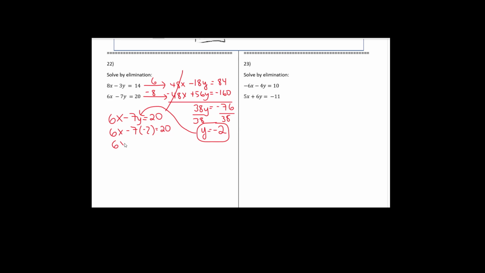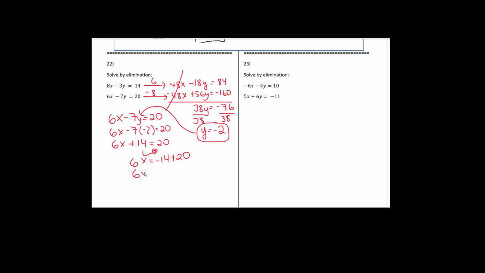So this would be 6x plus 14 equals 20. We're going to send the 14 to the other side. So this would be 6x equals negative 14 plus 20.